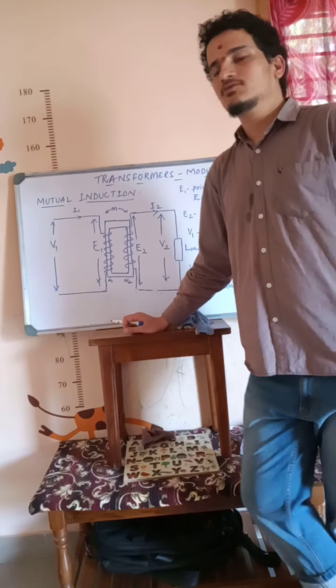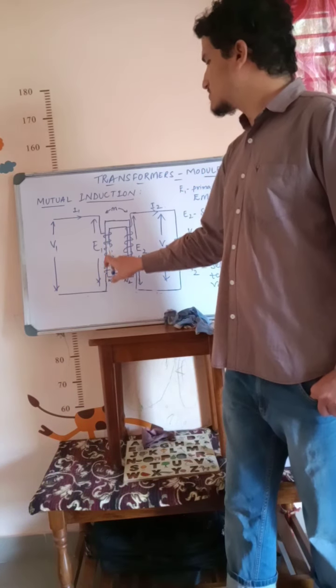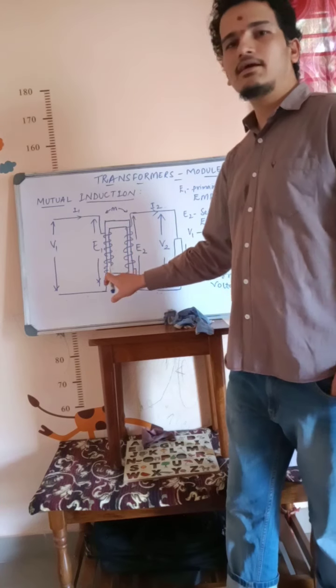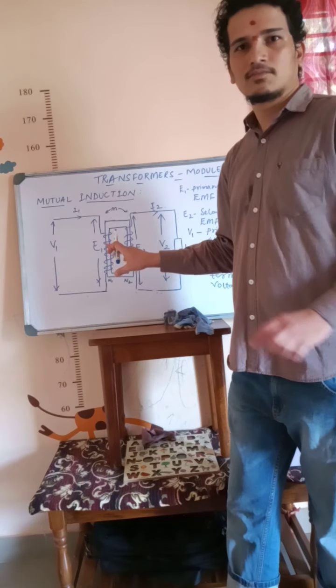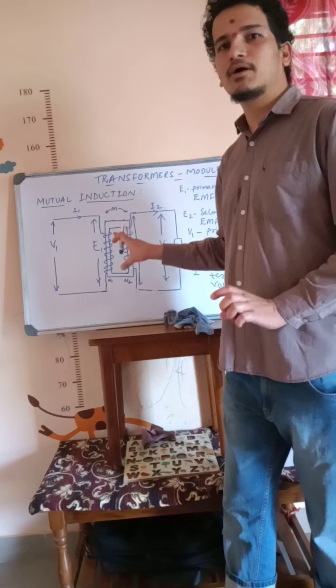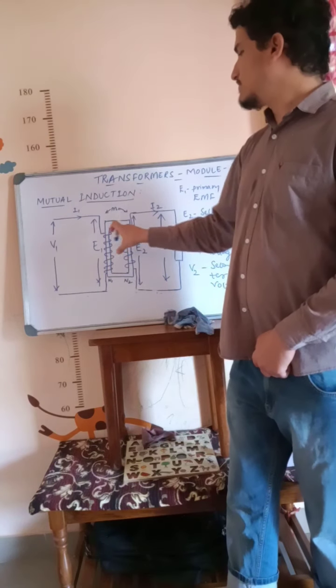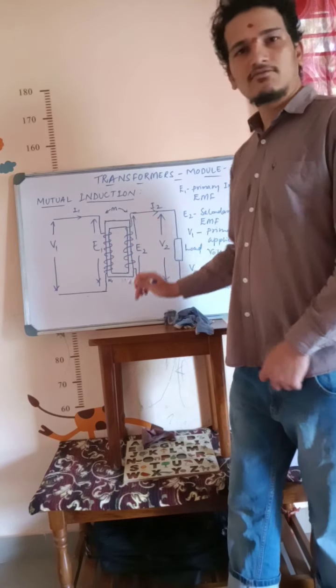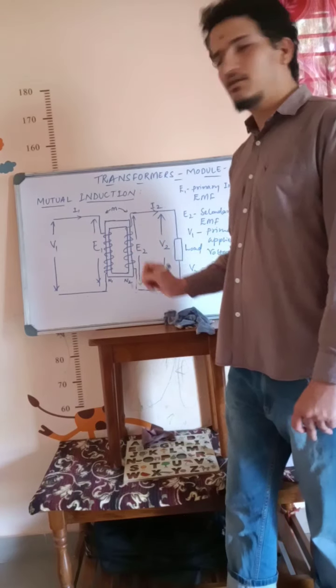So in general we can call this core the magnetic path. It provides the magnetic path for the flow of magnetic flux. Through this the flux will flow.